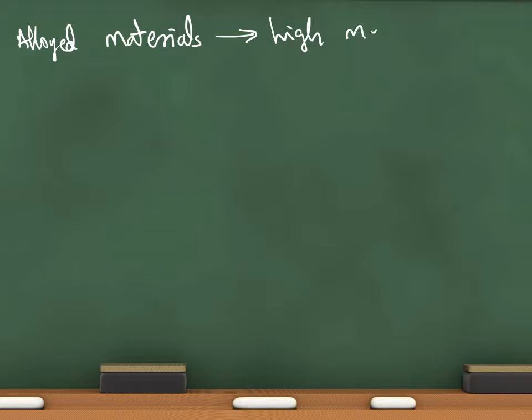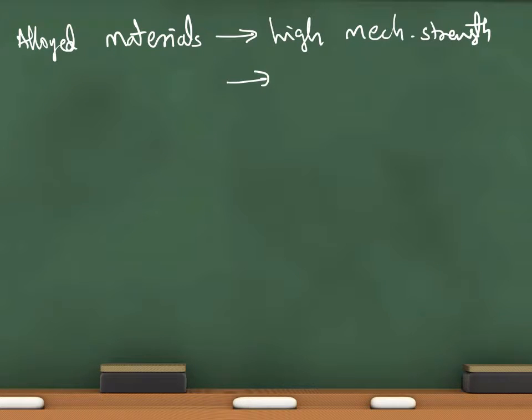Now, alloyed materials. Alloyed materials means after mixing of foreign bodies, they will become alloyed materials. Alloyed materials may have high mechanical strength. This is a mechanical property.